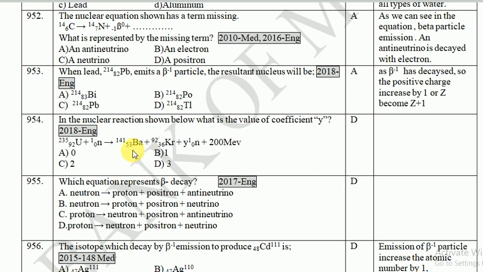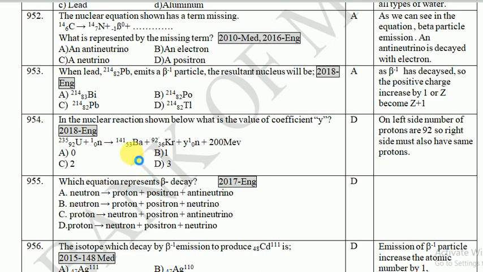From the balance we can see that the number of protons on the left side is 92. So the right side must also have 92 protons.